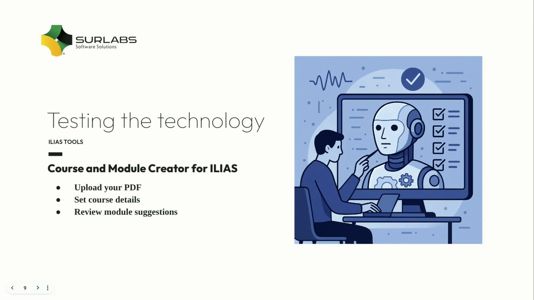First, upload your PDF files with the content you want to use in your course. Set course details like the course title, write a short description, and decide how many learning modules you want. The system suggests titles for each learning module, and you choose how many pages each module should include. And the system creates the full course automatically.